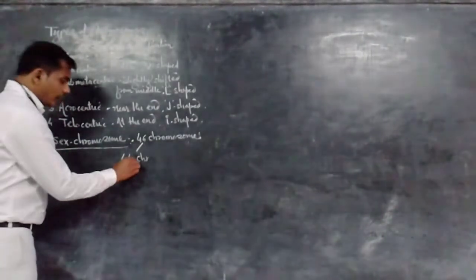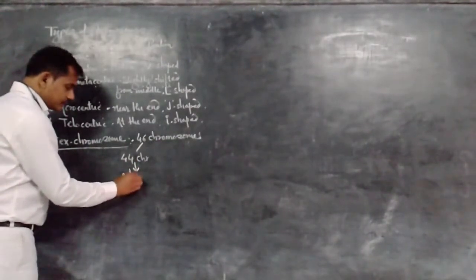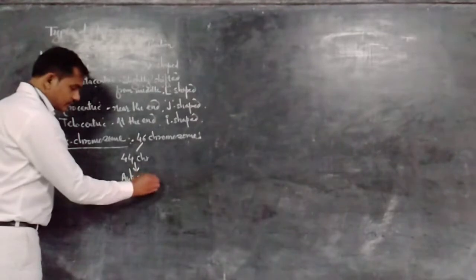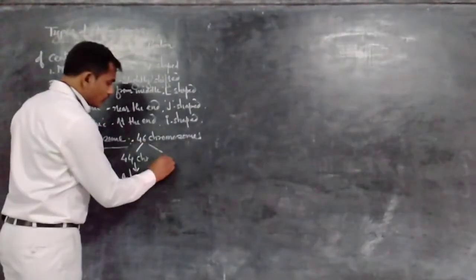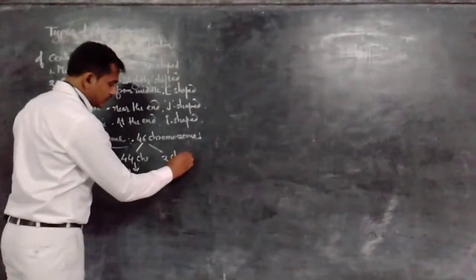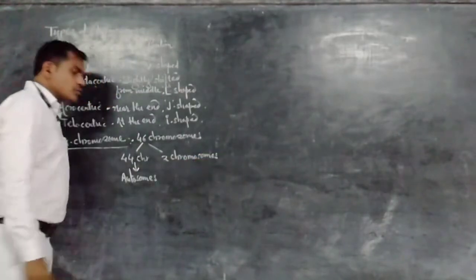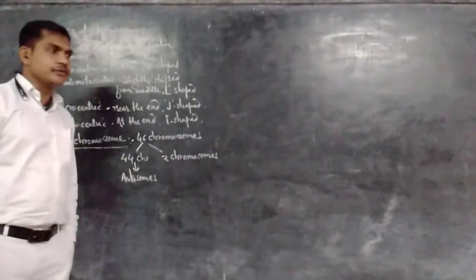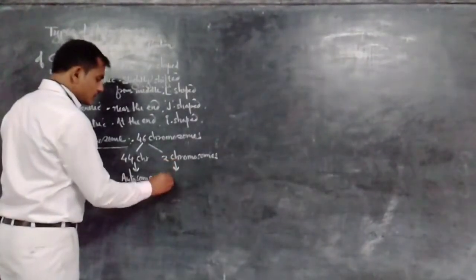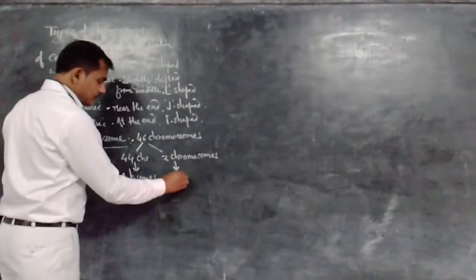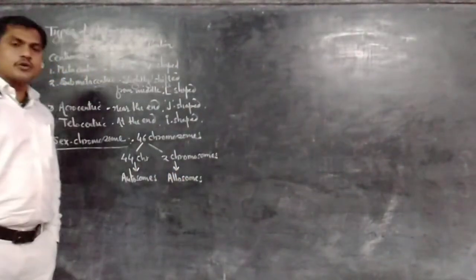So these 44 chromosomes are called autosomes. Two chromosomes determine the sex of an individual. These are called sex chromosomes or allosomes.